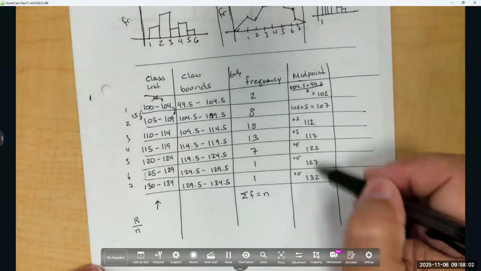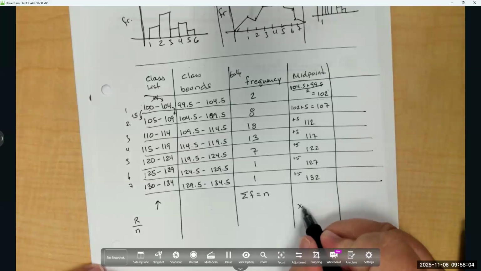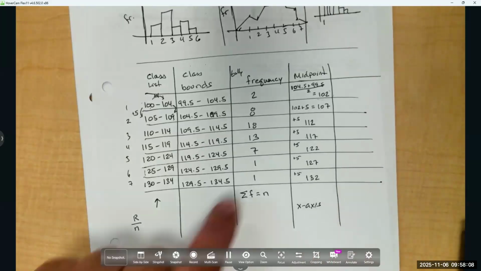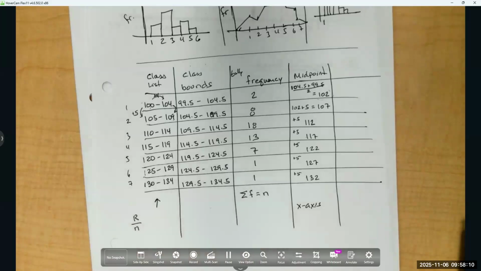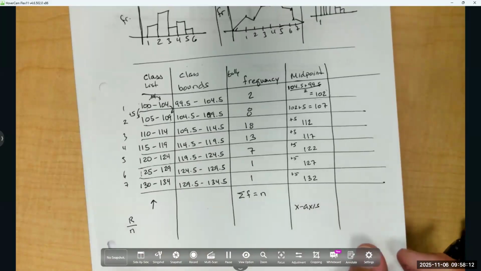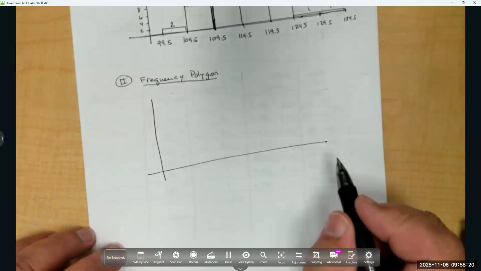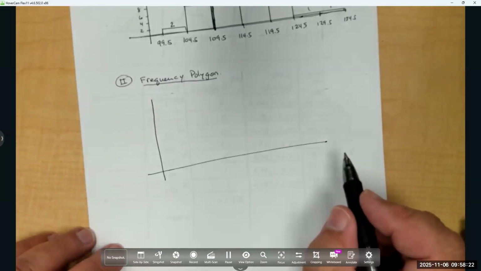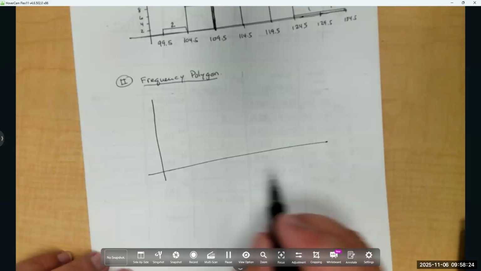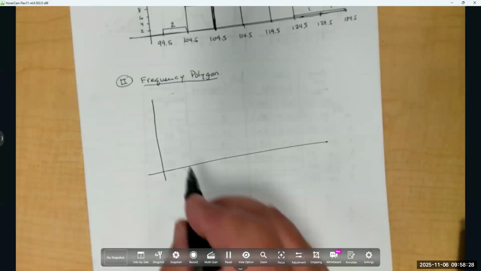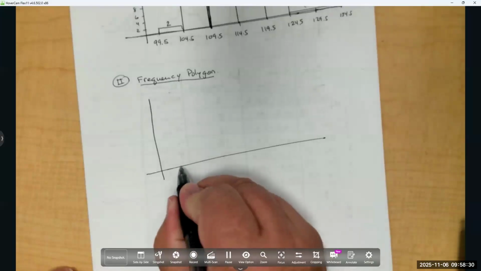So now we use these points. These are our x-axis points. And we use the same frequencies. So create your graph using those. Frequency polygon. The first one we had was at 102.